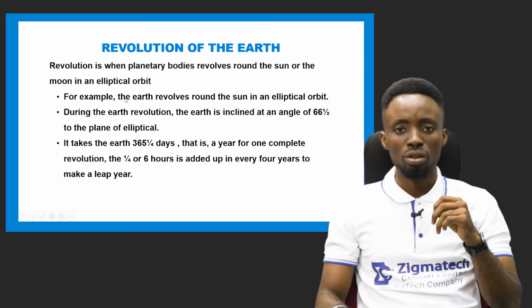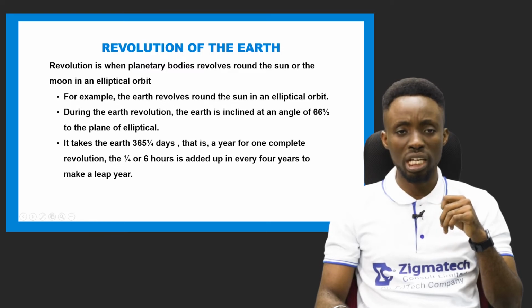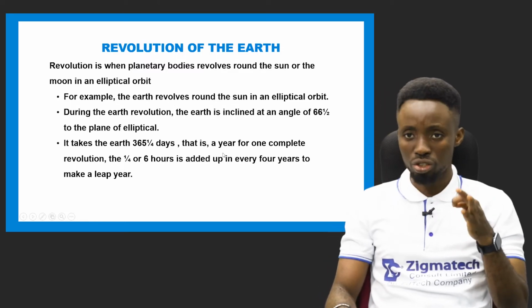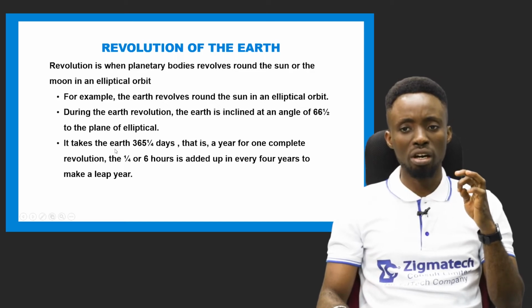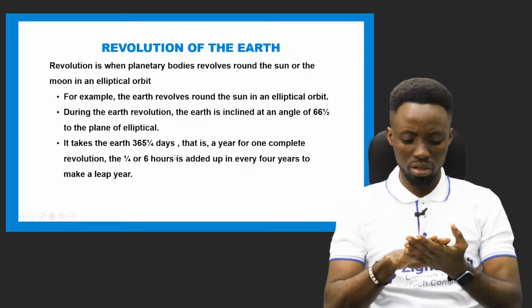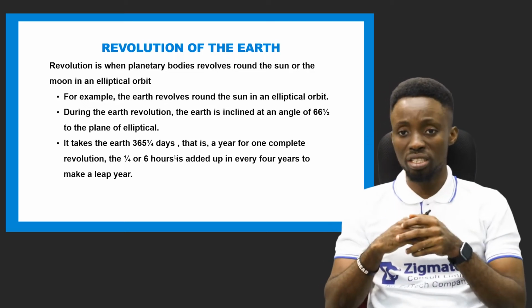So when we have such inclination, we are definitely going to have an anti-clockwise movement around the sun. So this revolution actually takes 12 months, and it brings about seasons.